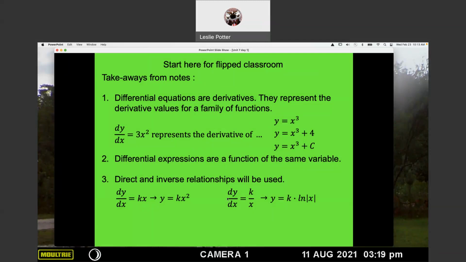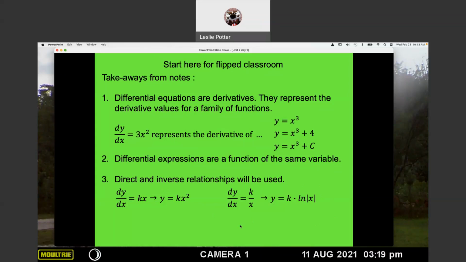We call them families because of this constant of integration that can be differentiated out. So we're breaking our differential equations into two big barrels, so to speak. We're going to look at things that end up being polynomial, and things that end up being natural log or logarithmic in general terms.